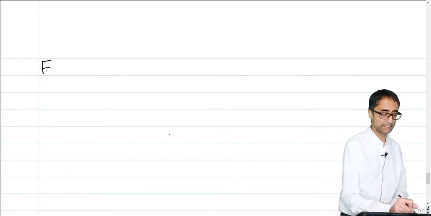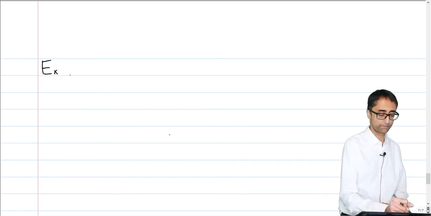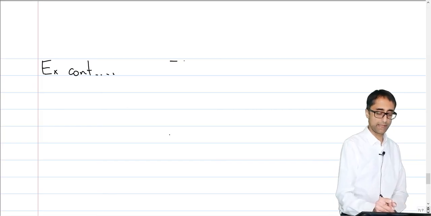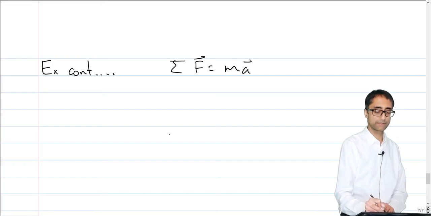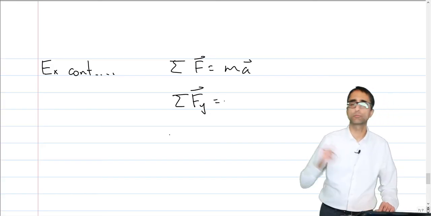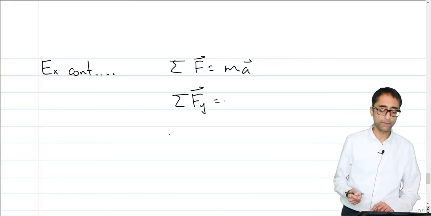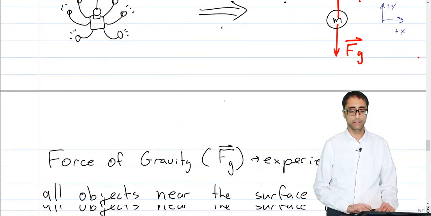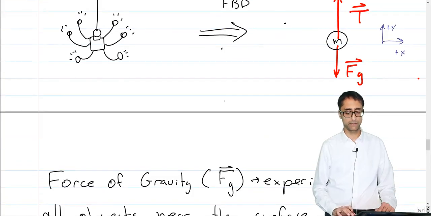So let's write example continued, that's from above. And so again, same thing, sum of the forces is equal to mass times acceleration. I know I only care about this in the y direction. And so I write those forces down here. The sum of the forces in the y. Well, let's go back to my diagram really quickly.